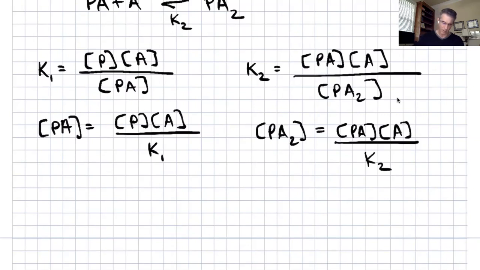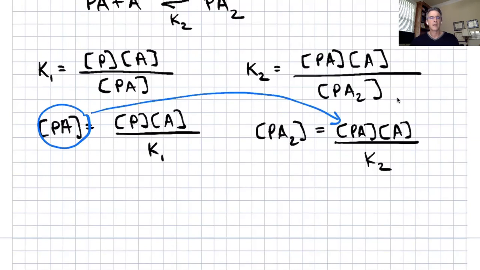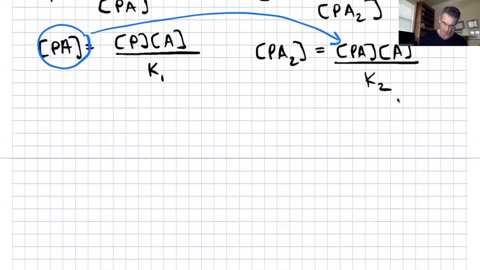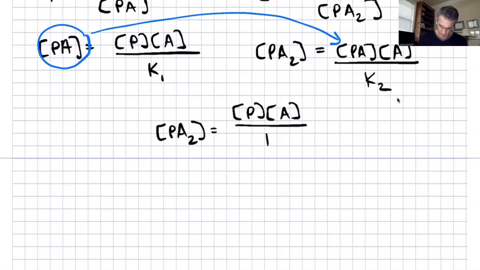See where we're going? See what we can do? Now we can take this and go, what if we substitute that in there? That's going to get rid of a variable for us. So if we do that, we now get an expression for the concentration of PA2 that simply equals the concentration of P times the concentration of A, divided by K1, times the concentration of A divided by K2.